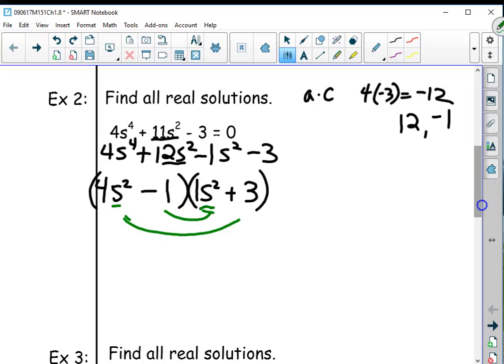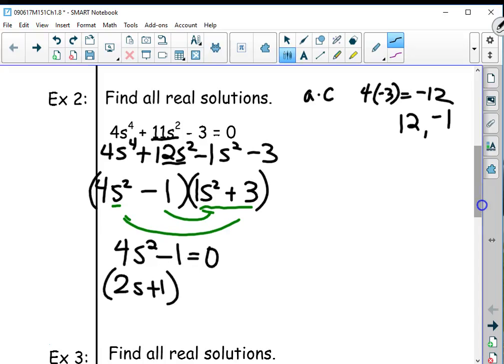Stating my solutions, because I have an s squared with a positive here, I'm not even going to bother. That will not be a real solution. But I do need to go ahead and solve this equation. Actually, I can factor it. I don't need to solve it. It's a difference in two squares. You could solve it and get to the same two solutions.